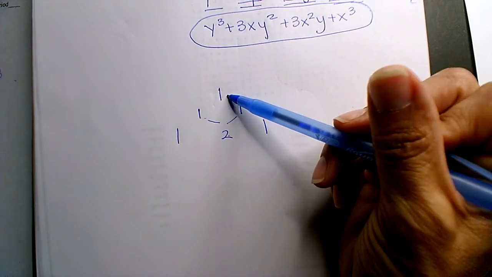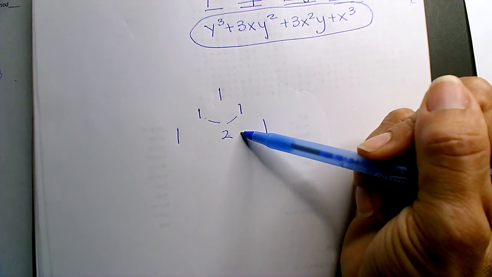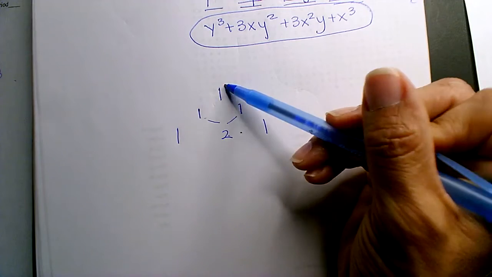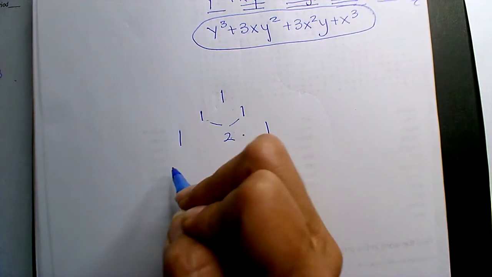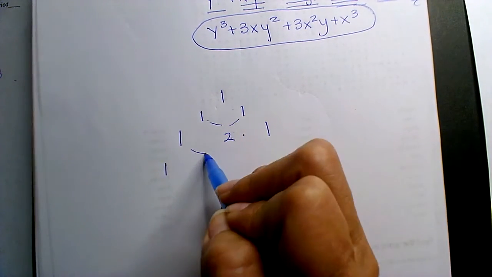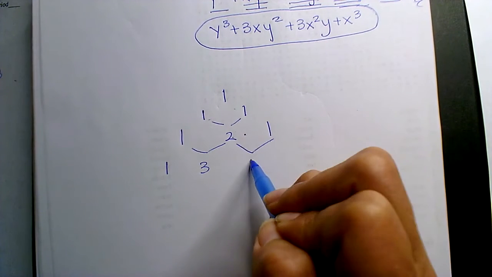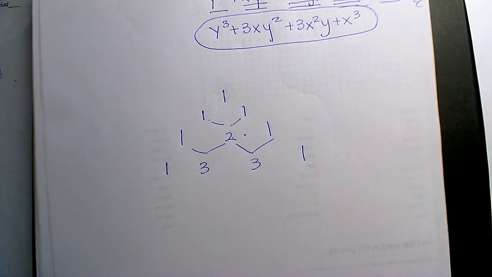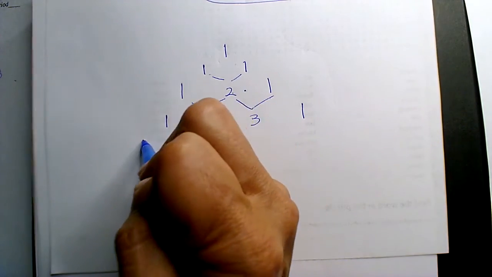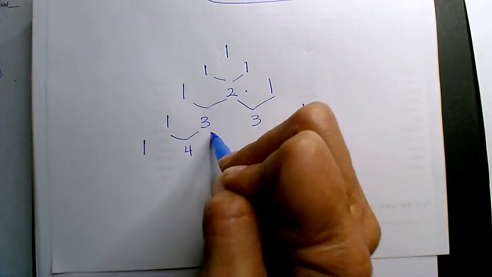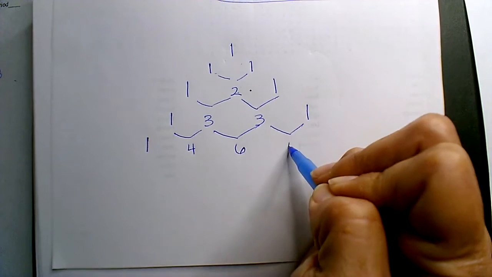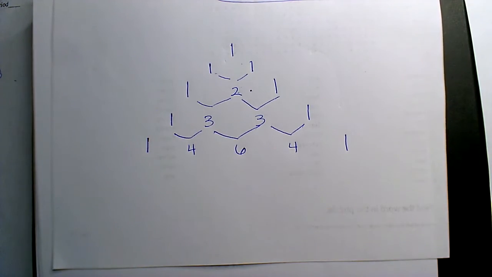So this is row 0, this is row 1, this is row 2, or exponent. 0, 1, 2. Okay, so now go to the third. 1, this is 3, 3, and then 1. And that's just how it's built. So then 1, 4, 6, 4, 1.